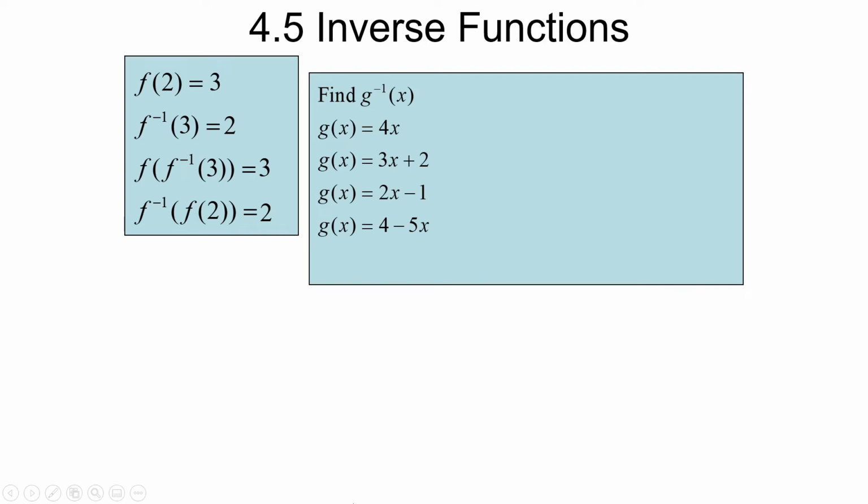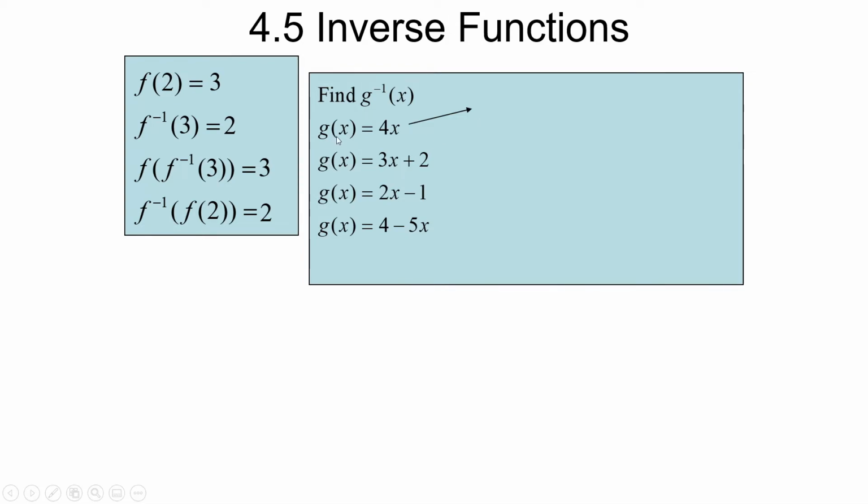Now, we're going to do this with functions. And I'm going to skip a few steps here. So if you need to write out a few extra steps, please do. And I'll do that in the classroom with you as well. Okay, so we're asked to find g inverse of x if, in case 1, g of x equals 4x. Okay, so what am I going to do? I'm going to interchange the variables.